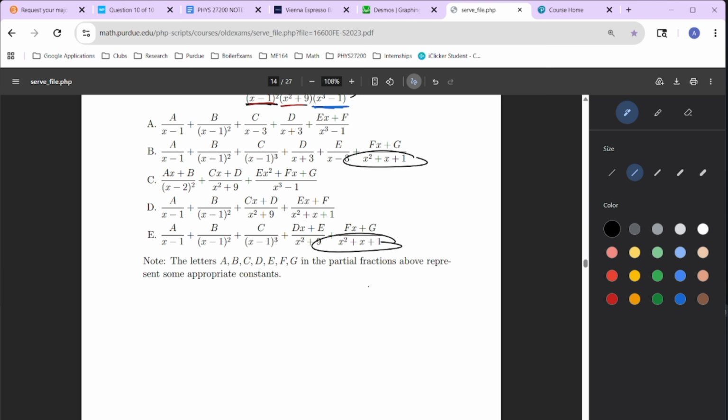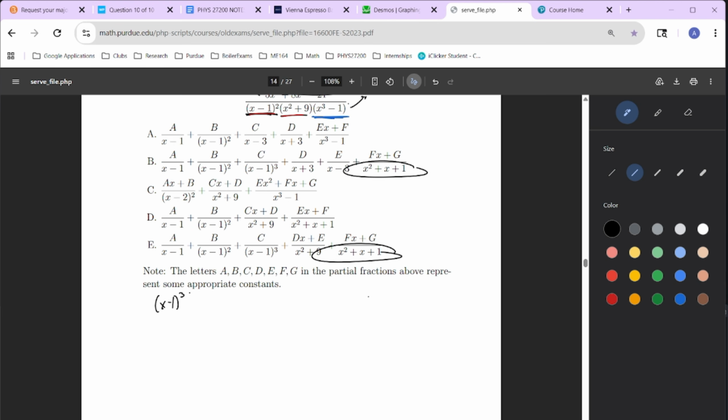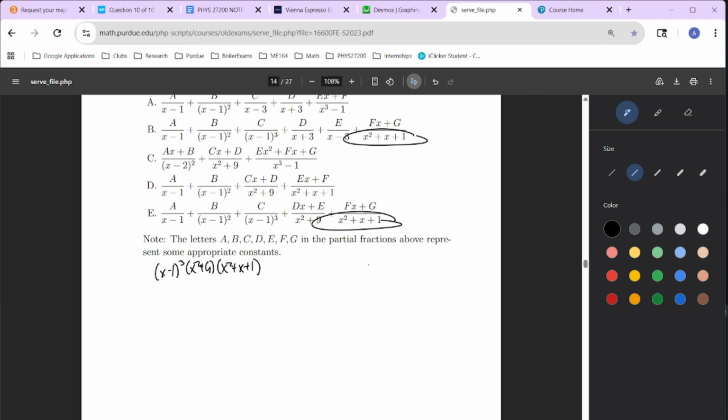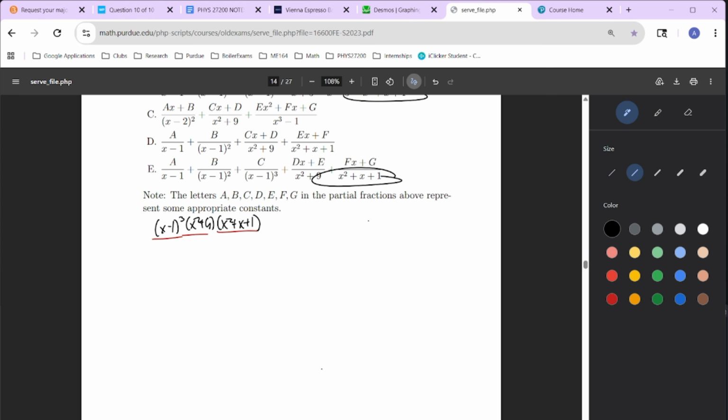So then on the denominator, we have a total of x minus 1 cubed multiplied by x squared plus 9 multiplied by x squared plus x plus 1. We're going to start with this. We can actually break this up and work on these independently, one after the other. So we'll start with the x minus 1 cubed.